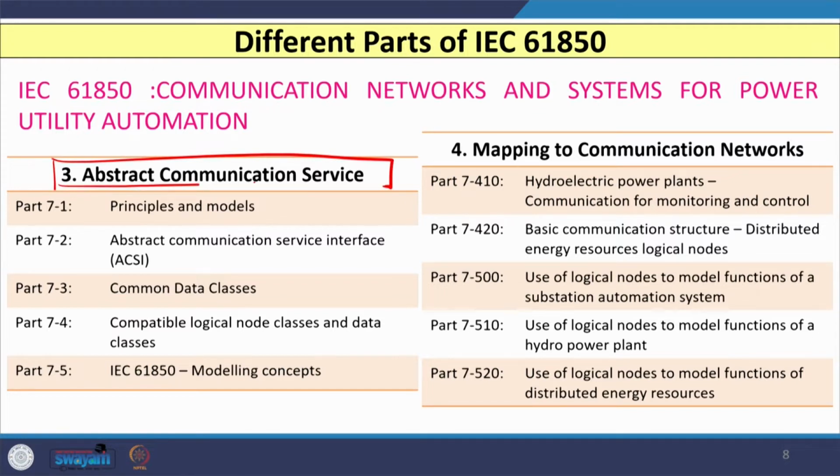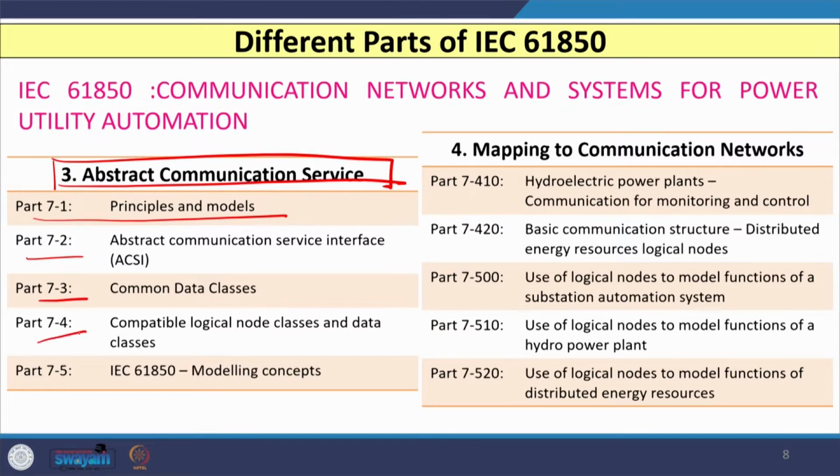In this block, part 7 is divided into several subparts. In part 7-1, principles and models are discussed. In part 7-2, the abstract communication service interface, that is ACSI, is discussed. In part 7-3, common data classes are discussed.